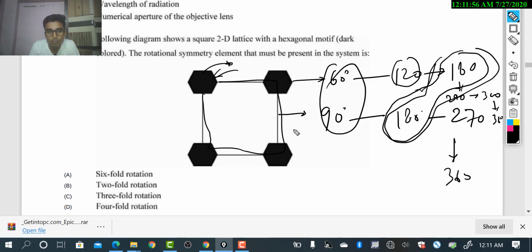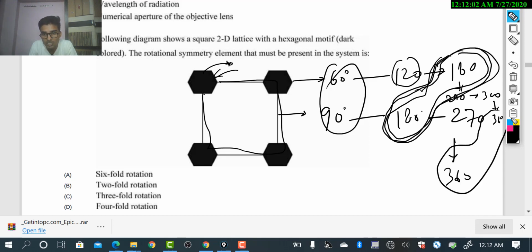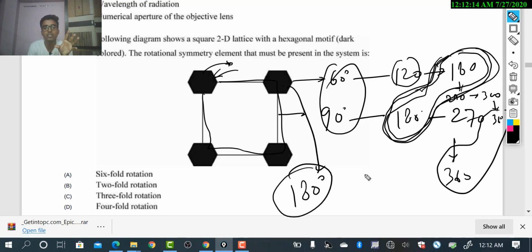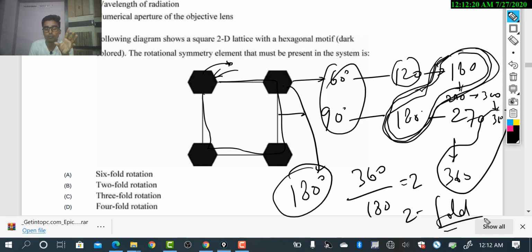So both objects will repeat after 180 degrees and next after 360 degrees. How many repetitions will there be? It will be 2, because after 180 degrees the square and the hexagon are both repeating. So 360 by 180 is 2. Both objects together show two-fold symmetry.